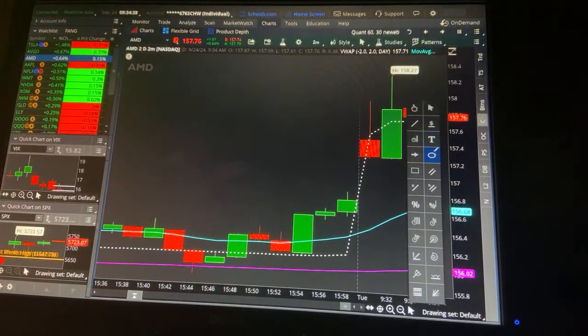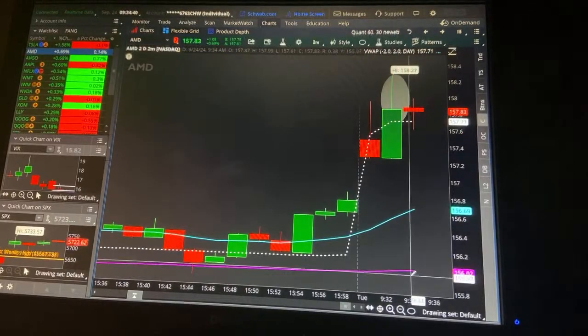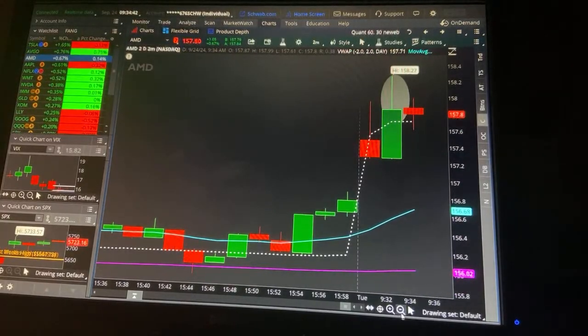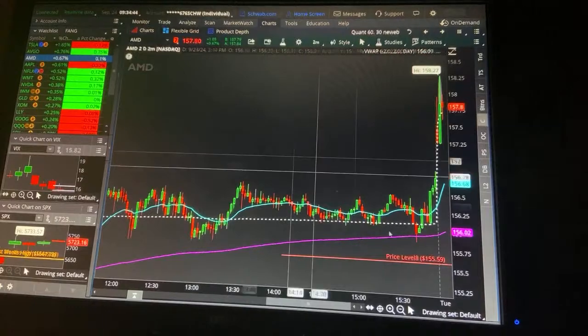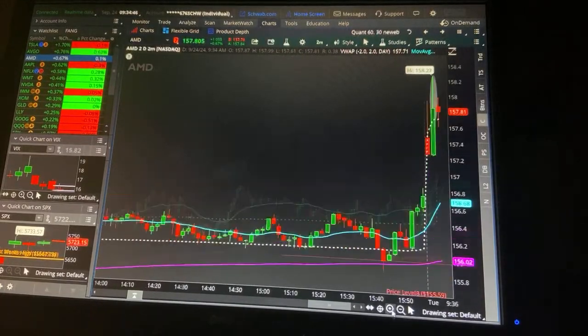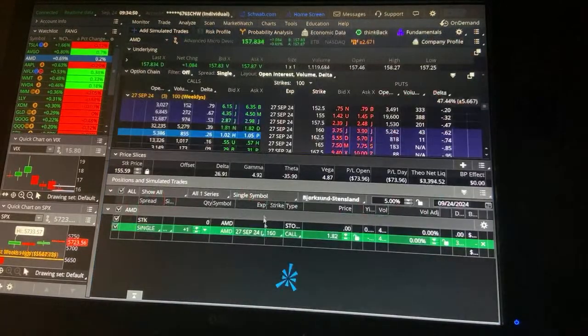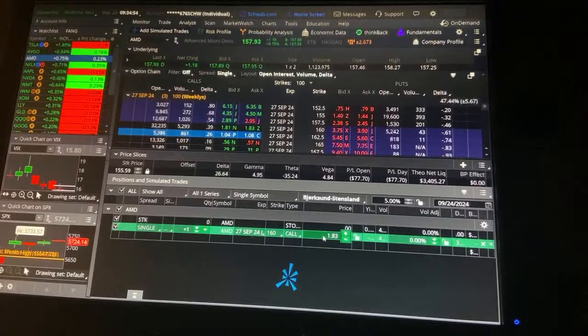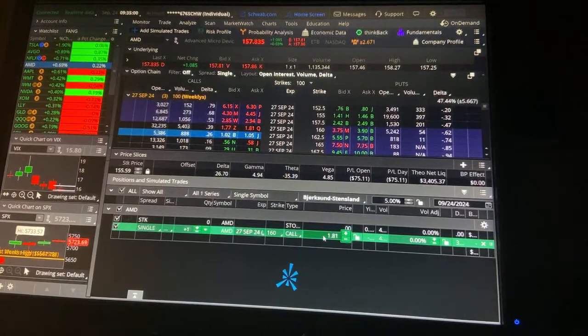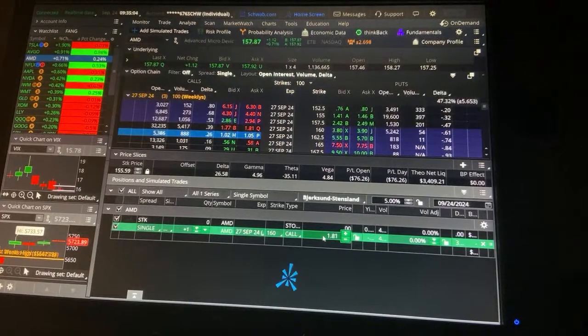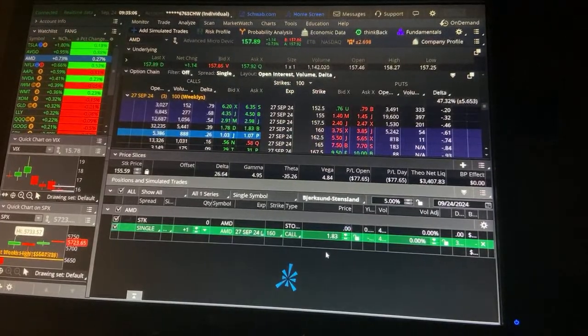I would like to see this more of a closed positive COG here. Okay, but we got a little bit of a pullback. I'm going to pull the trigger on this. Okay, stop loss 155.59, risking about 70, 75 cents. Okay, long call AMD, and that's going to be the 160 strike. Okay, just put the order out.